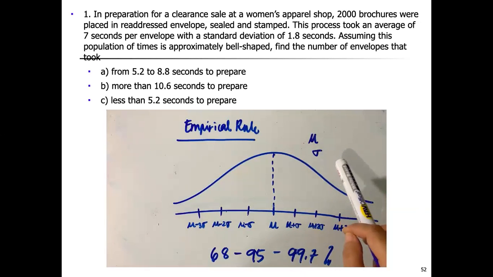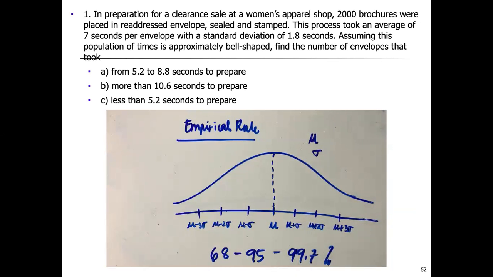If the data values are taken from a sample, then we will use X bar for the sample mean and S for the standard deviation from the sample data. However, we have to keep in mind that the distribution must be assumed to be normally distributed so that we can make use of the empirical rule. The moment your distribution is not normally distributed, we could not make use of the empirical rule.